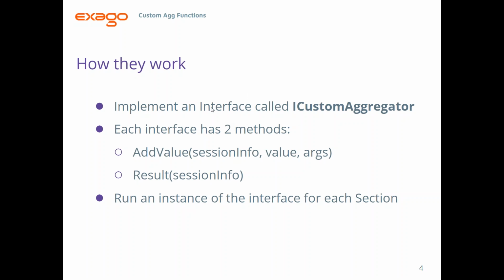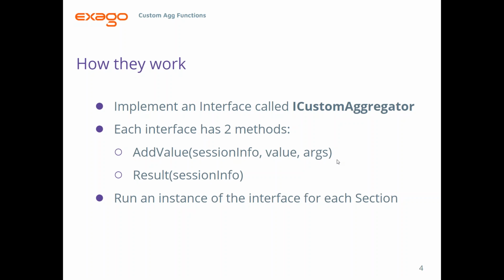But really what we're doing is we're just creating something that we can create an instance of, and it's going to have two methods. Specifically, we're going to have a method called add value, and then we're going to have a method called result. And for each time you put a custom aggregate function into a section, Exago is going to instantiate the interface for each section.